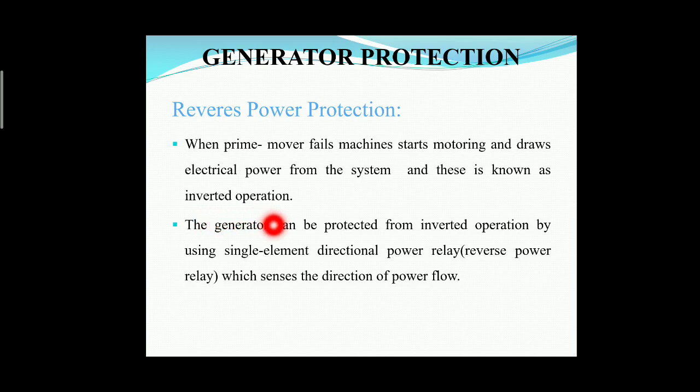It is used to protect the alternator or generator from motoring action when the turbine fails to give the mechanical power. It is a backup protection to the low forward protection.